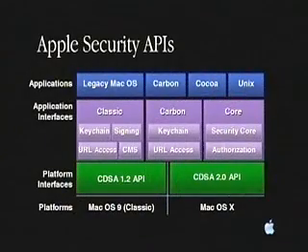So here's a diagram or a map of all of the APIs that are available across the board related to security. Starting on the left-hand side there, in OS 9 and still available in Classic are the Keychain API and an API that we talked about previously, Macintosh file signing, and some other ones there. All of these were built on top of the older version of CDSA 1.2, which had quite a lot of limitations, but worked well for OS 9.